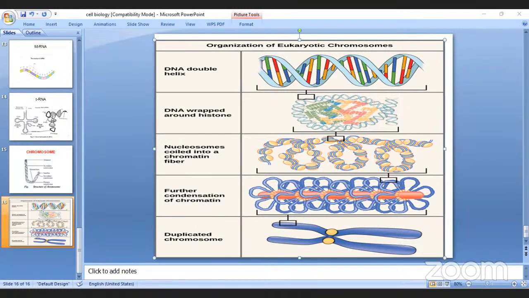Are you able to see? Hello? Yes, sir. But your cursor is not there, sir. Okay, is the cursor clear? No, sir, I can't see. Now?